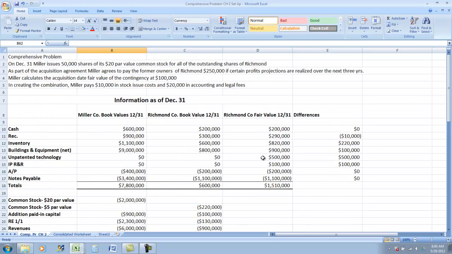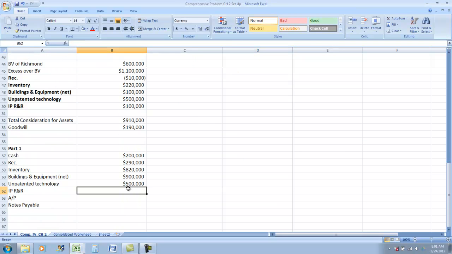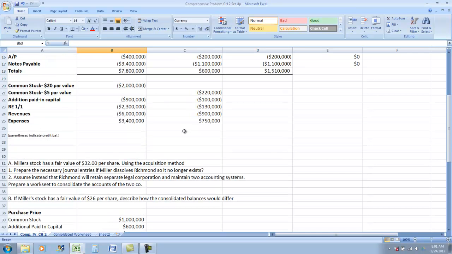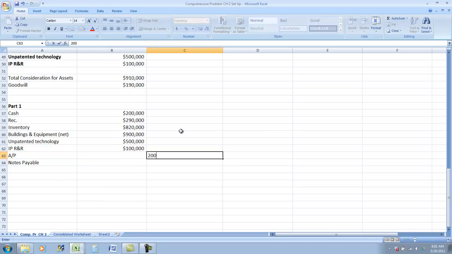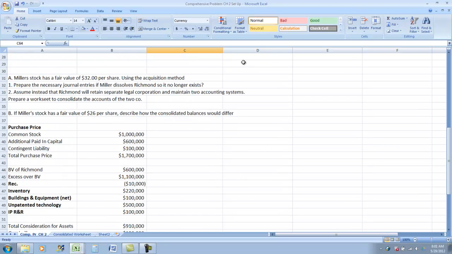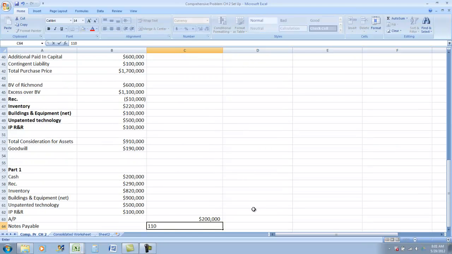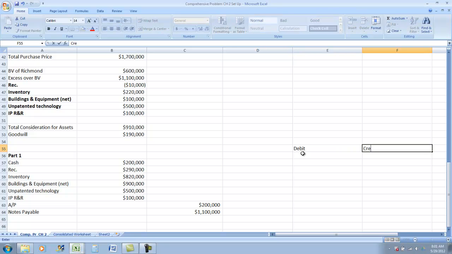In process R&D is 100. Accounts payable is 200. And notes payable is 1.1 million. Let's see if each of these sides add together.